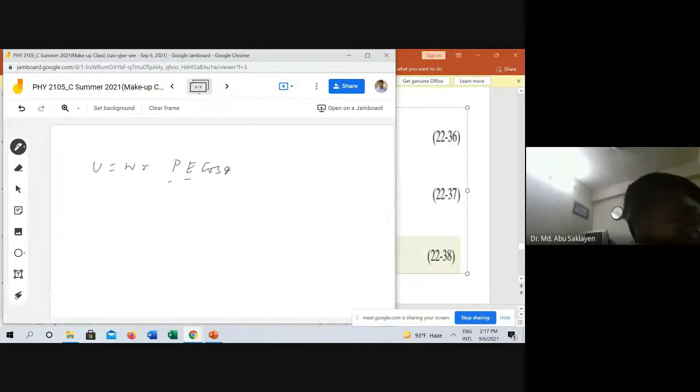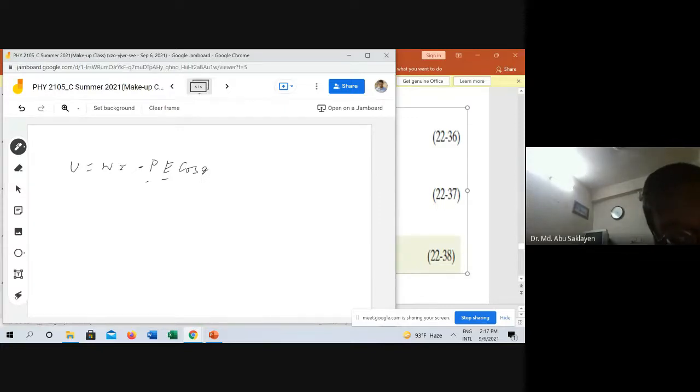So you will get U or W equal to minus p dot E. Okay, so this is the work done during this process.